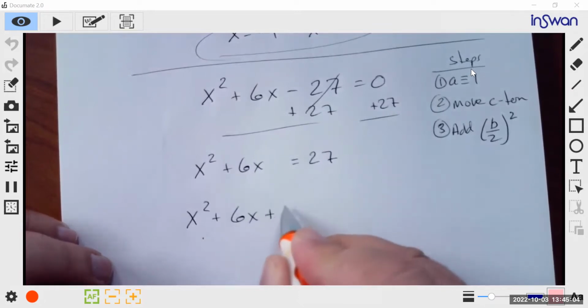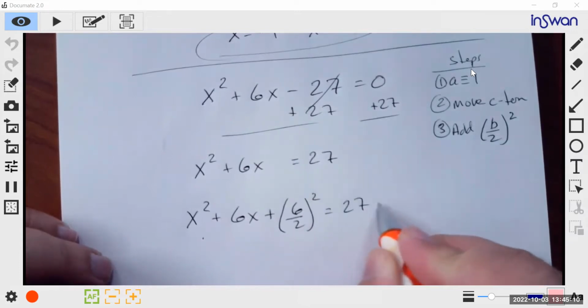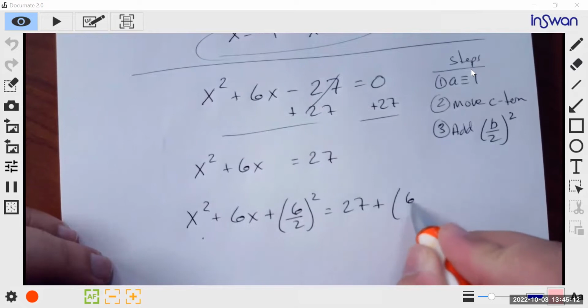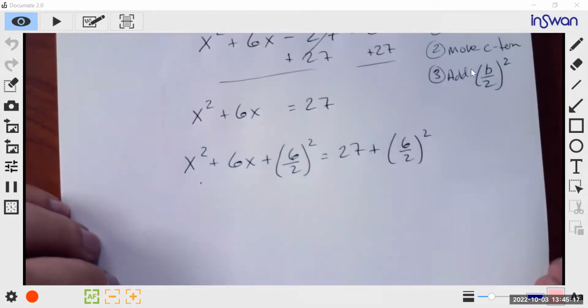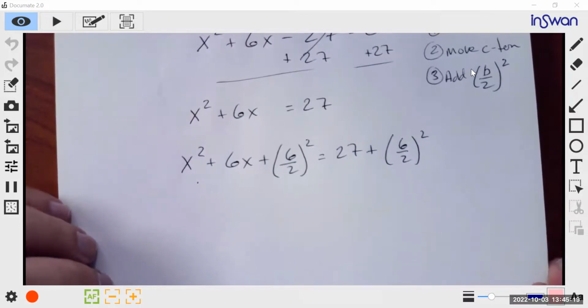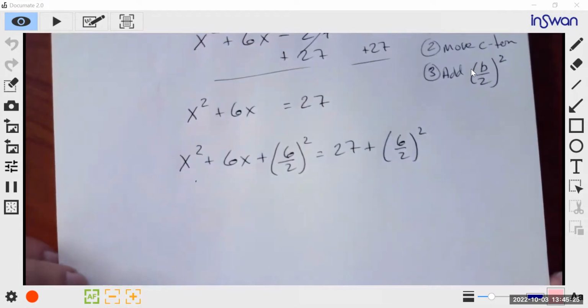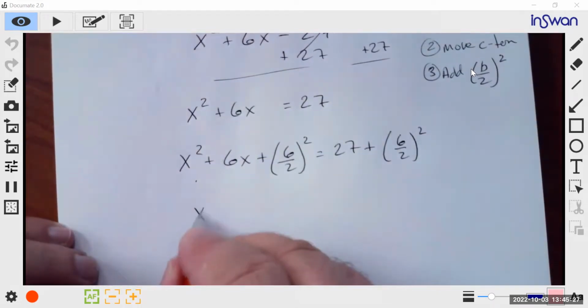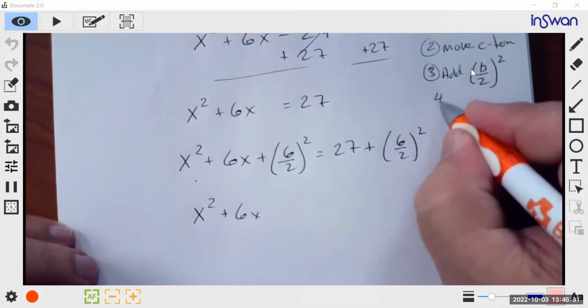And B is what in our case? 6 over 2 squared. Fourth step.